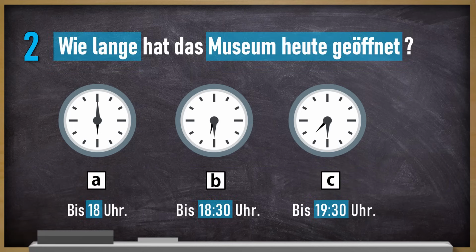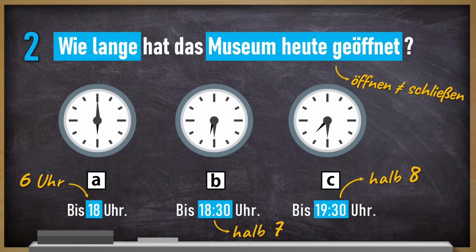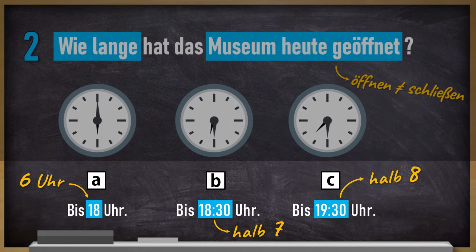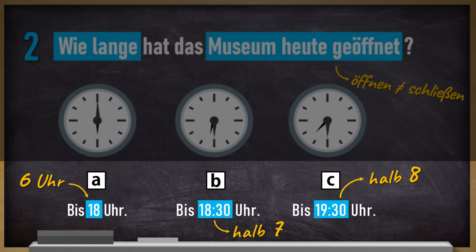Hier sind meine Markierungen und Notizen. The first two words that I wrote, öffnen and the opposite, schließen. You can see that I also made some notes for the time. And those notes are really super important. In German language, there are two different ways how to tell the time.